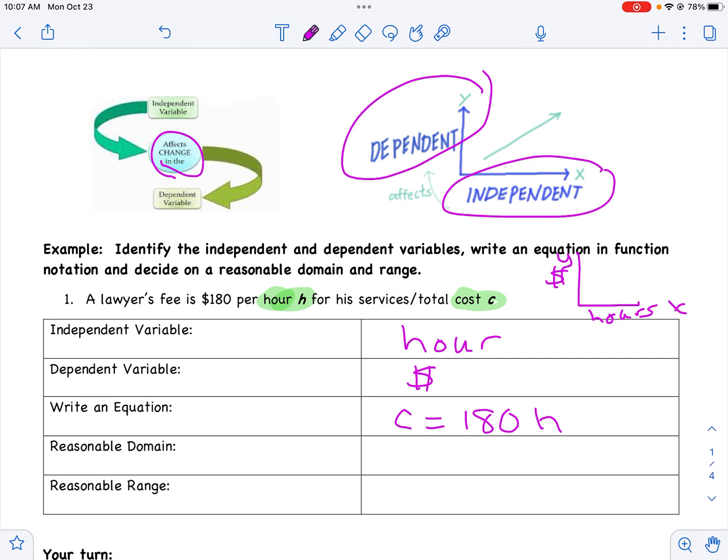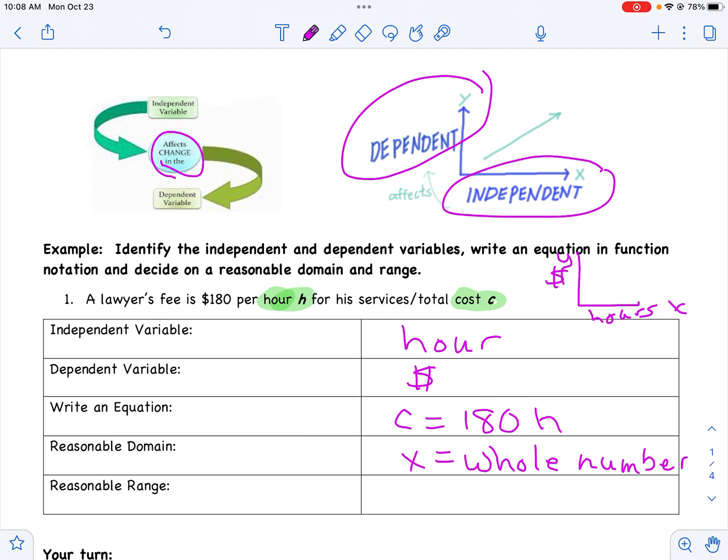So what's a reasonable domain? Well, it's time. So you have to think about it needing to be integers, well, probably actually whole numbers. So a reasonable domain here would be input values that are whole numbers. And in some cases, you wouldn't even go down to the minute.